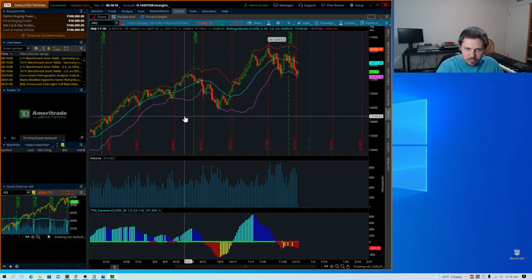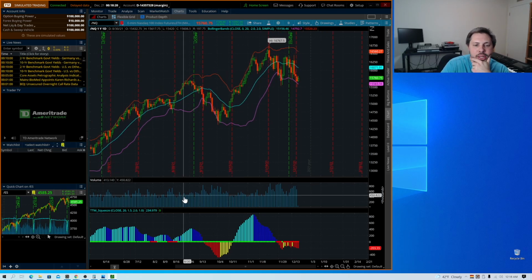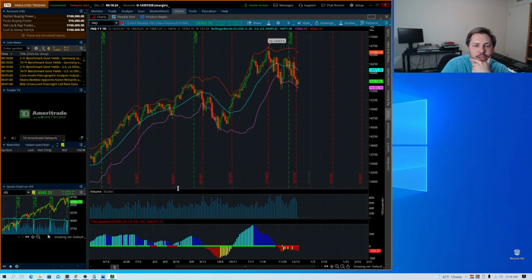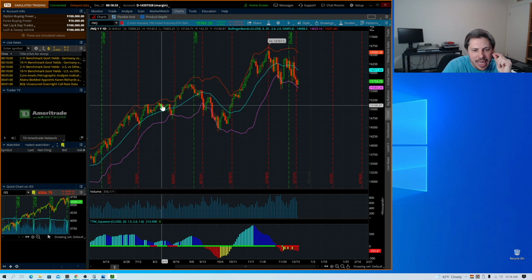And what happens is when the market is about to make a move, when we're expecting volatility or a larger than anticipated move, these Bollinger Bands often will contract.